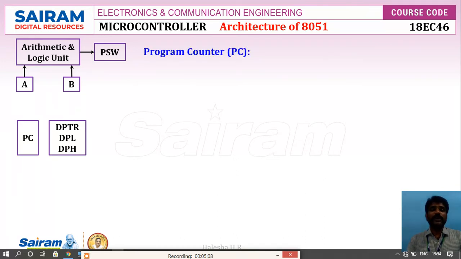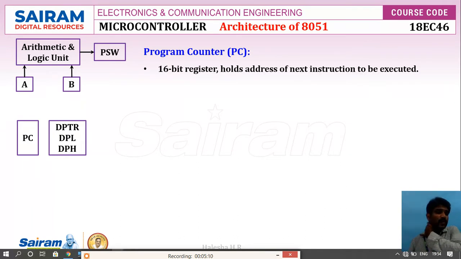The program counter is a 16-bit register used to hold the address of the next instruction to be executed. As you know, the program we write will be stored in program memory as opcodes. To fetch the opcodes we need an address, and that address should be stored in some register.